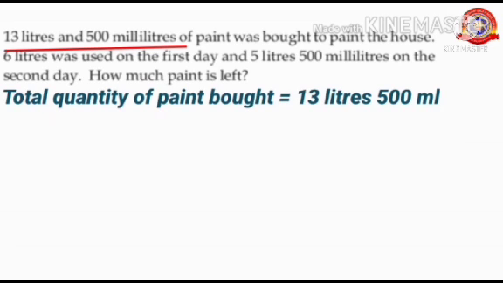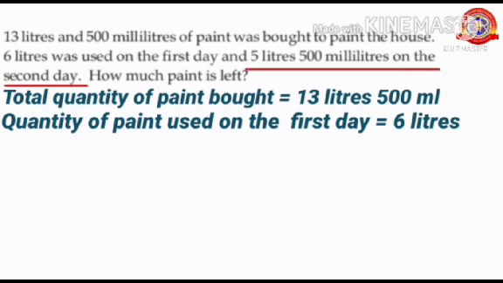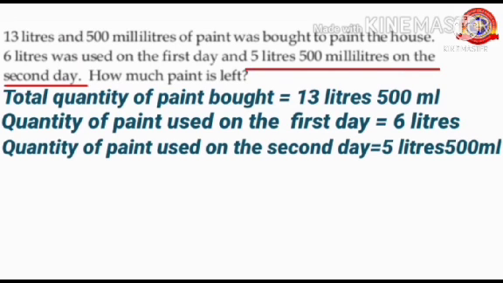How much paint was used on the first day? Yes, 6 liters. So, quantity of paint used on the first day equals 6 liters. How much paint was used on the second day? 5 liters 500 milliliters. So, quantity of paint used on the second day equals 5 liters 500 milliliters.